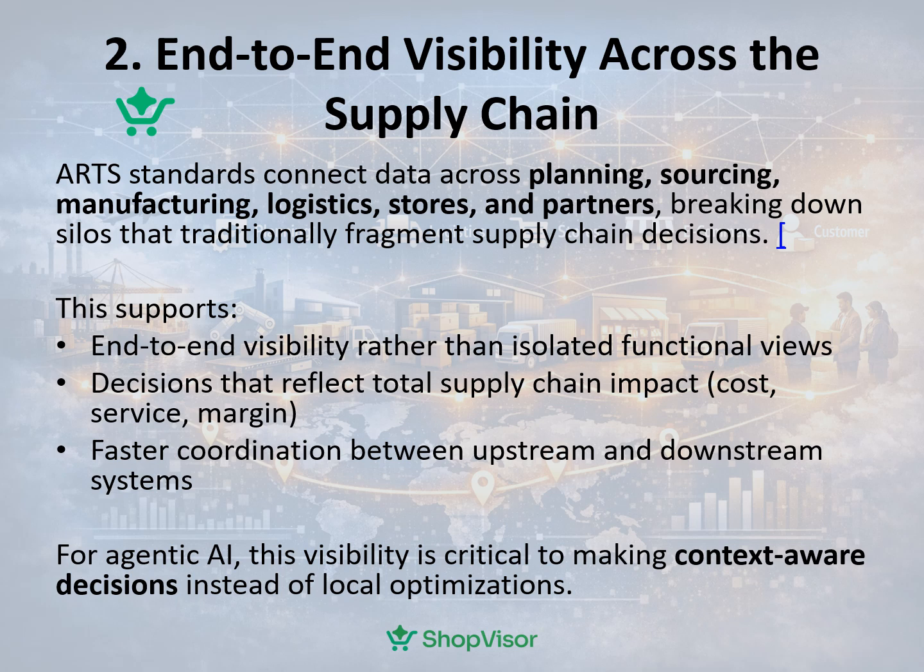Decisions that reflect total supply chain impact: cost, service, margin. Faster coordination between upstream and downstream systems. It reduces inaccuracies as well as inconsistencies. For Agentic AI, this visibility is critical to making context-aware decisions instead of local optimizations.